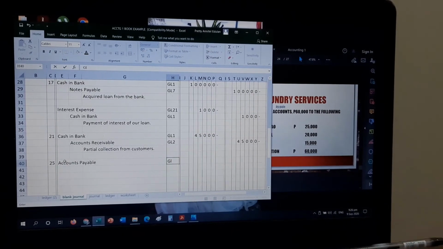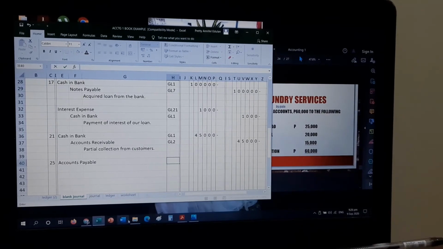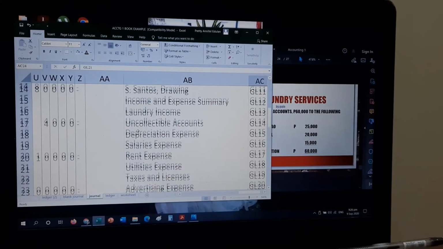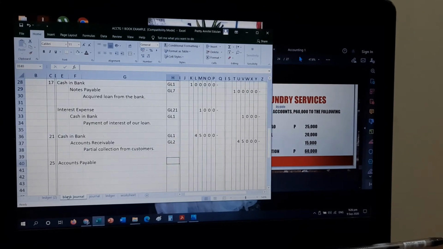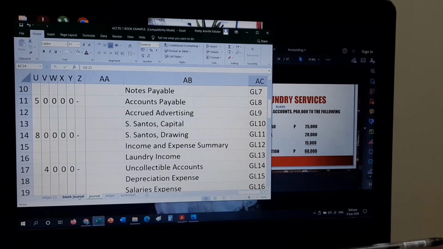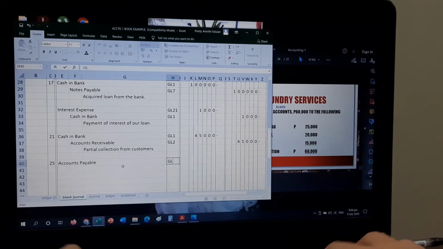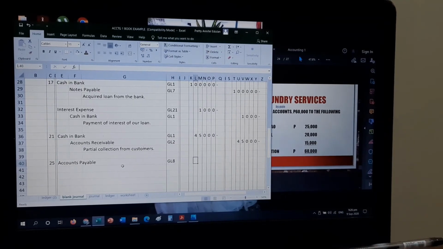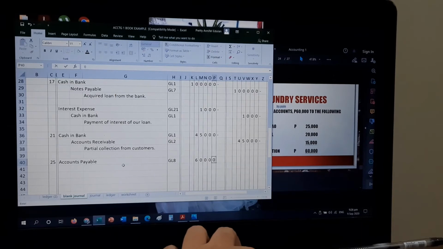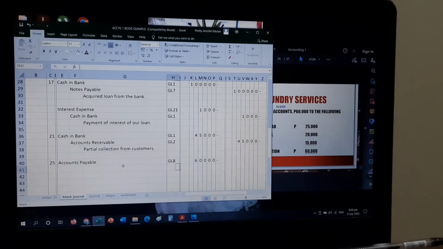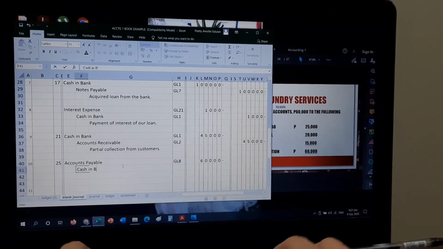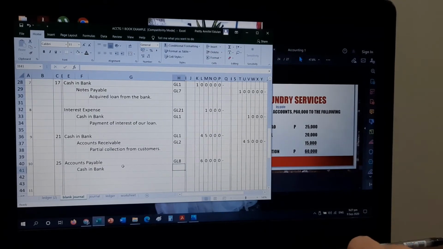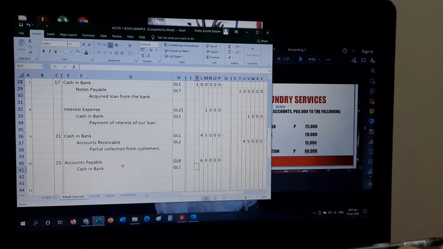That is GL8. Then 60,000. Since you paid, you forgo cash. So that is cash in bank, GL1.